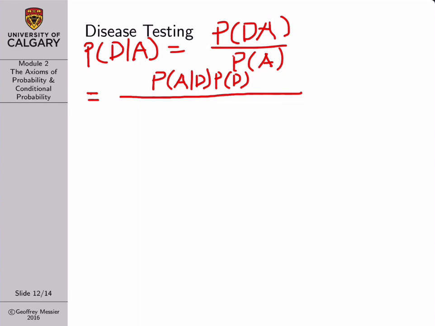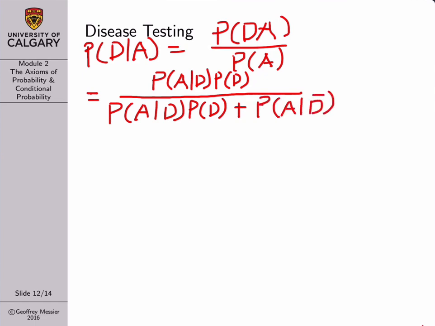And using the total probability theorem on the denominator, we can write the probability that we have an alarm, given the disease, times the probability of the disease, plus the probability of the alarm given that we don't have the disease, times the probability of not having the disease.